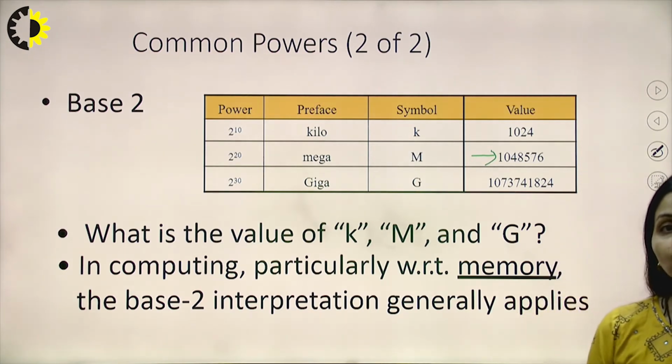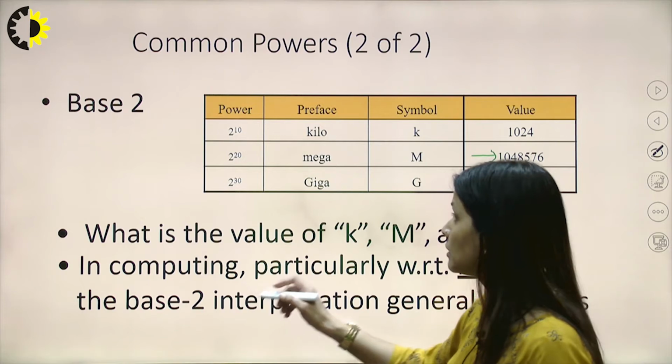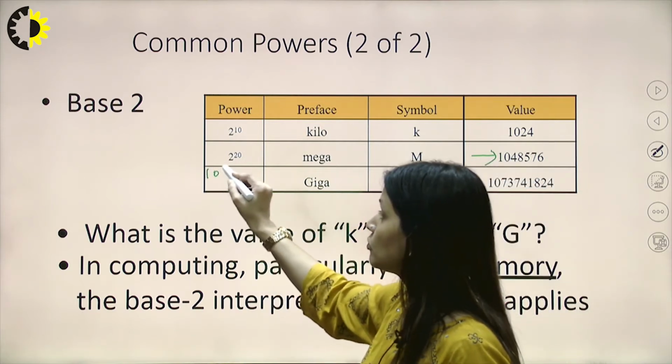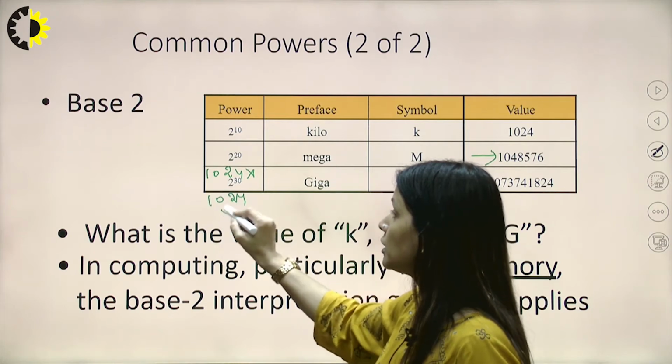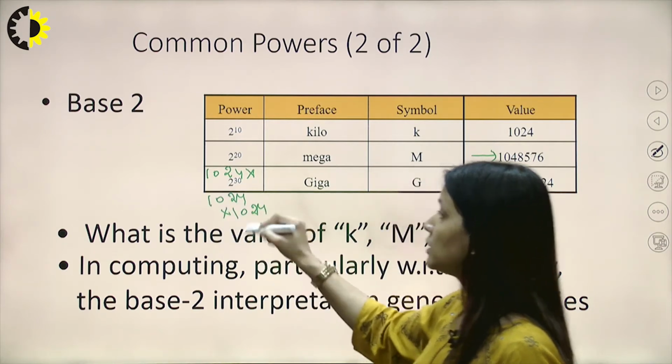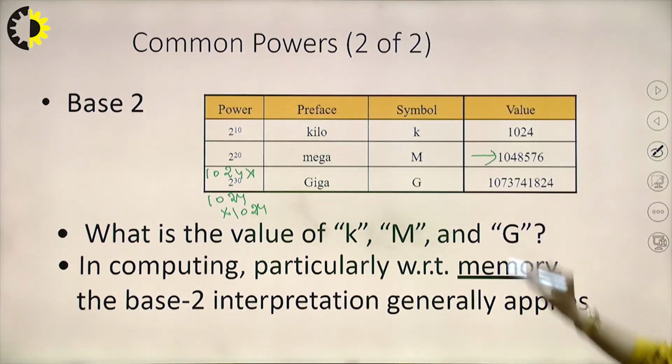Similarly, for giga the value is 1024 times 1024 times 1024, that is 2 raised to the power 30.